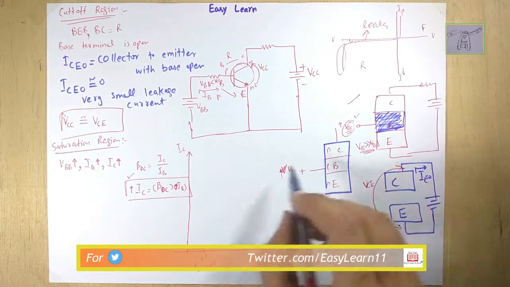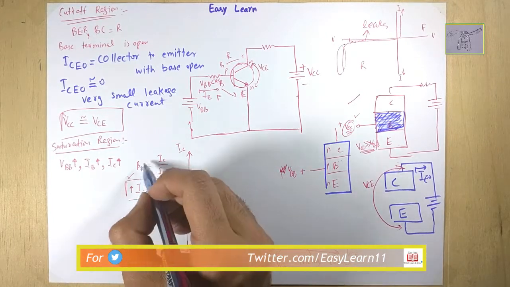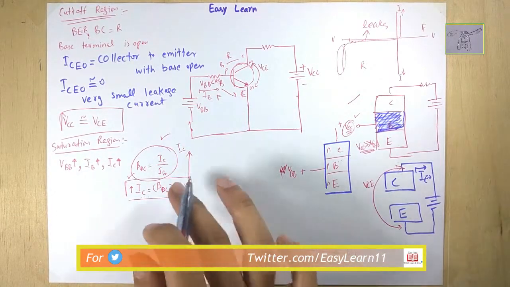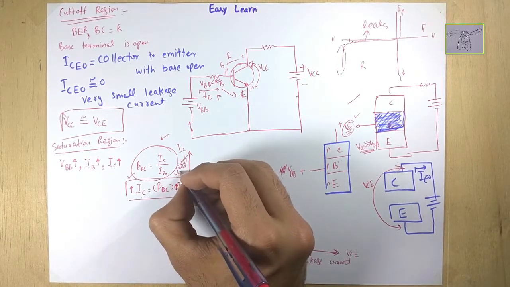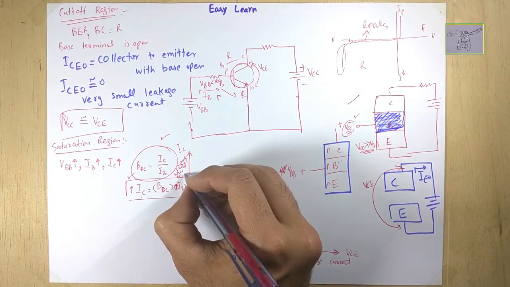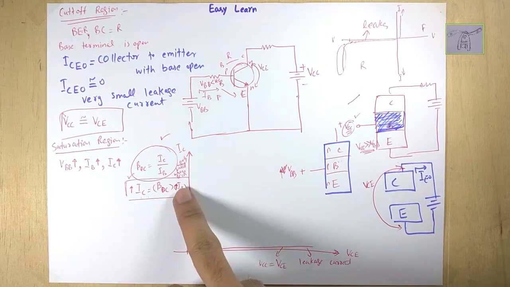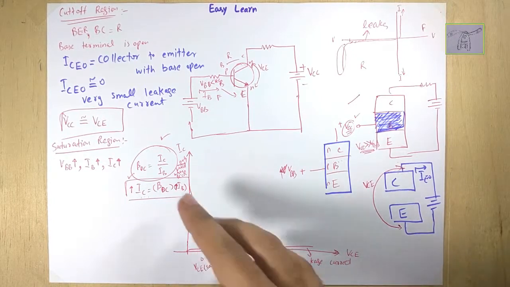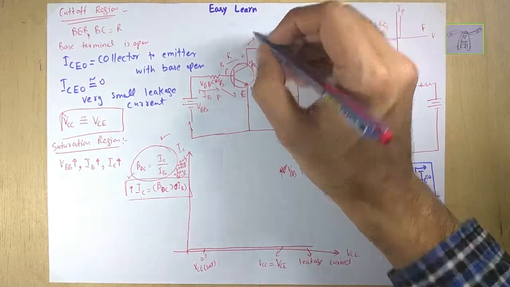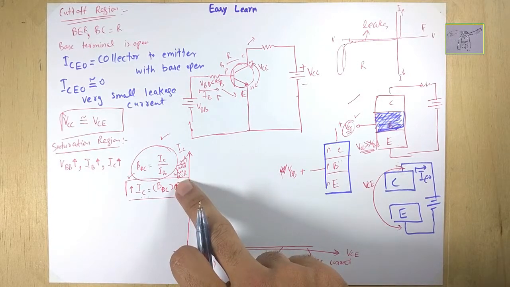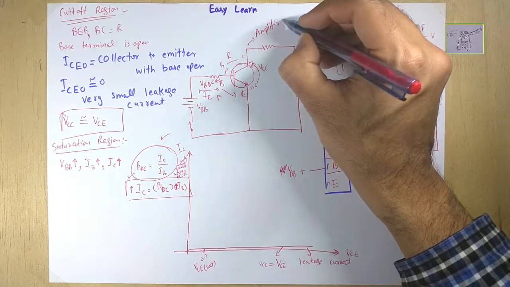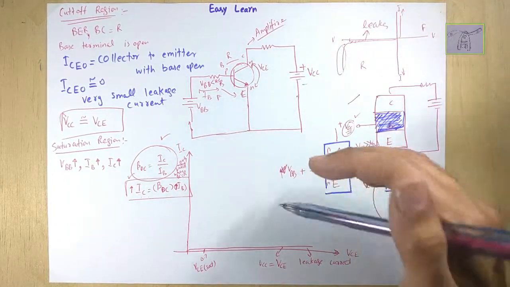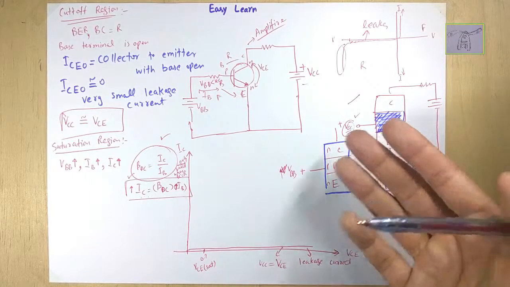This relation is only valid when the base-collector junction is reverse biased and the base-emitter junction is forward biased. This is called an amplifier region, because the transistor is operated as an amplifier. When a transistor operates as an amplifier, definitely we can say that there is a gain.